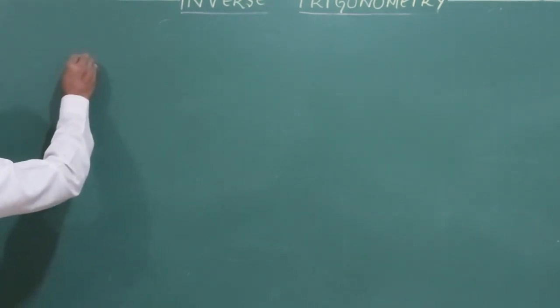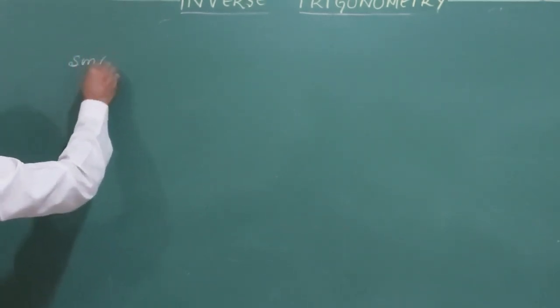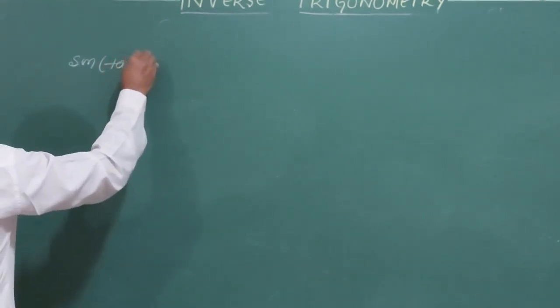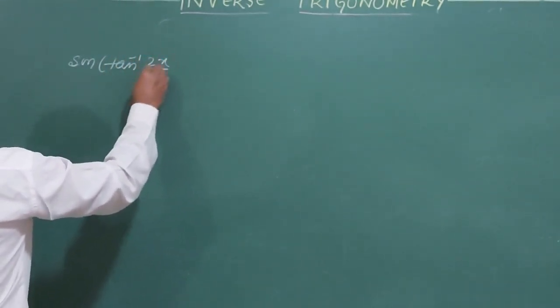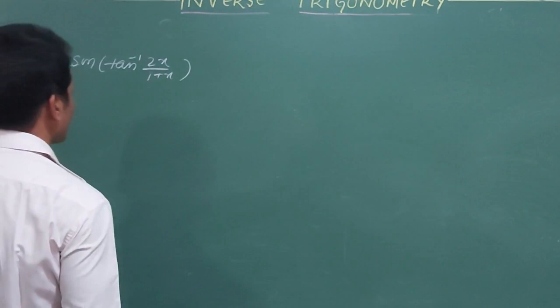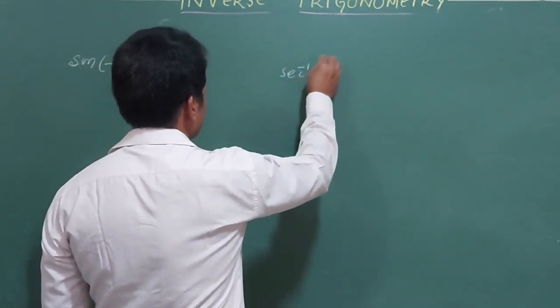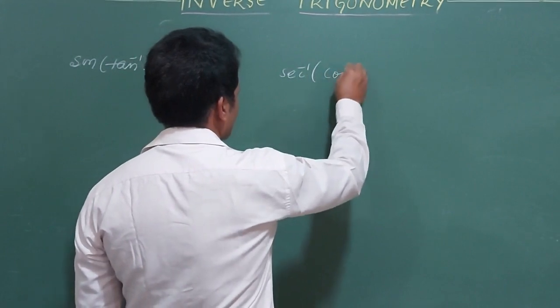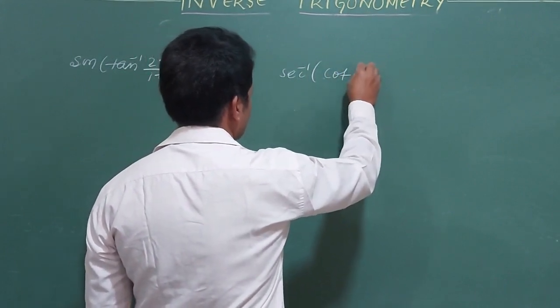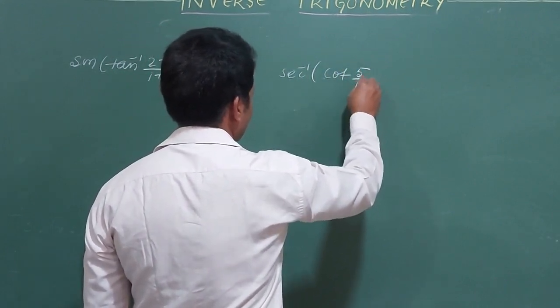They may ask you to simplify sin of tan inverse 2x by 1 plus x. They may ask you sec of cot inverse 5 by 12.